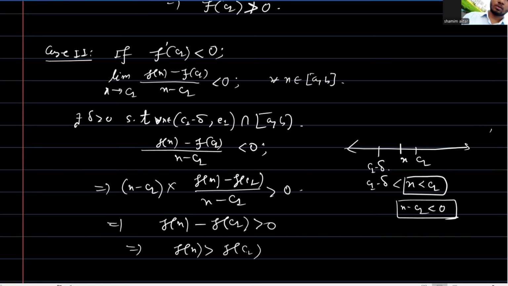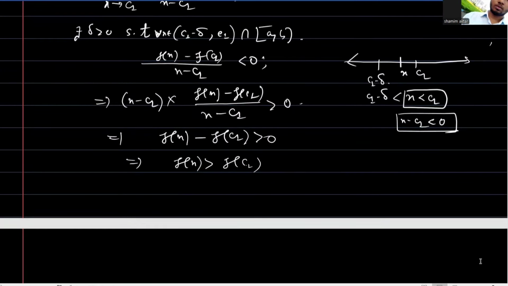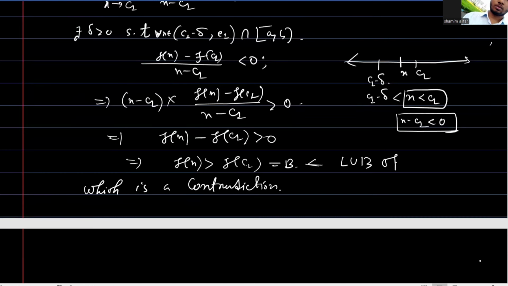As in case 1, this is a contradiction, because f of c1 equals b and b is the LUB of f. So in this case f dash c1 is not less than 0.